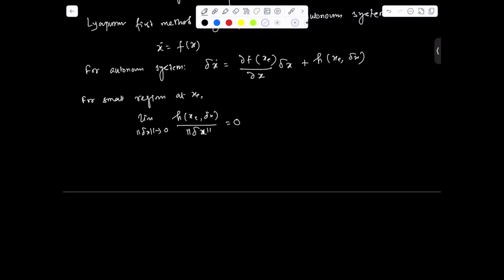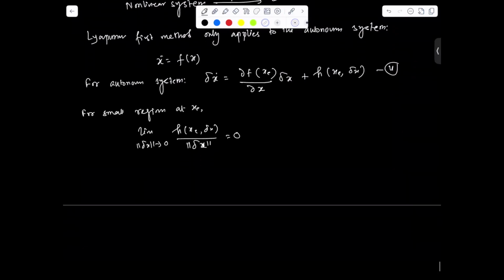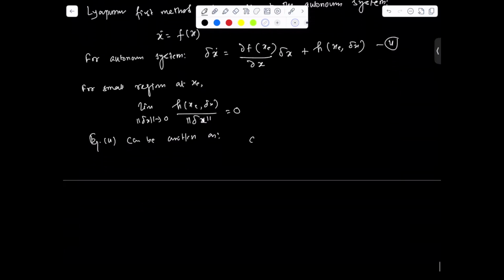Now, if you consider this equation, let me define it as equation number 4. Equation 4 can be written as delta x dot equal to dou f at xc by dou x times delta x.